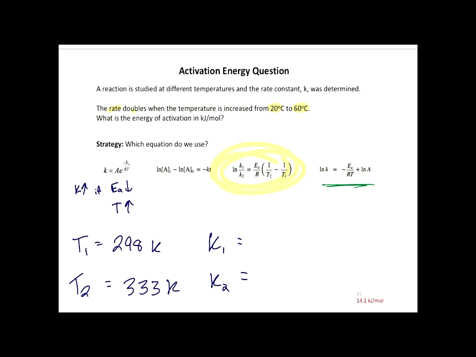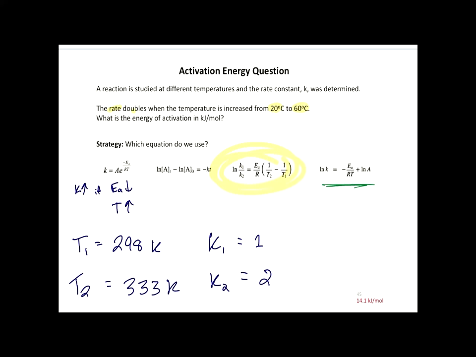I don't actually give you numbers, but here's the thing. If you look in this equation, see how it's a ratio? So for funsies, if I just tell you the rate constant at 298 is 1, based upon your reading comprehension, what must the rate constant of the second temperature be? 2, because your rate constant doubles, so just make up a number.